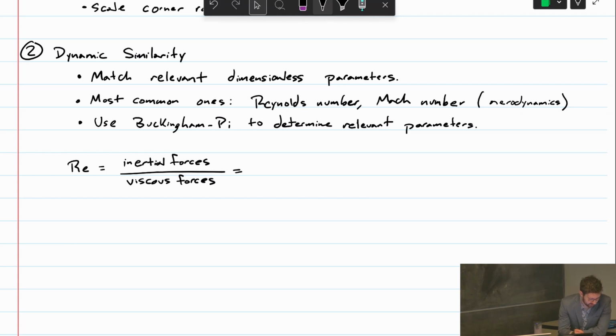So there's two definitions we can go through. Rho UL over mu, and also UL over nu. Okay, so I'll define these variables. So rho is density, we've seen that.